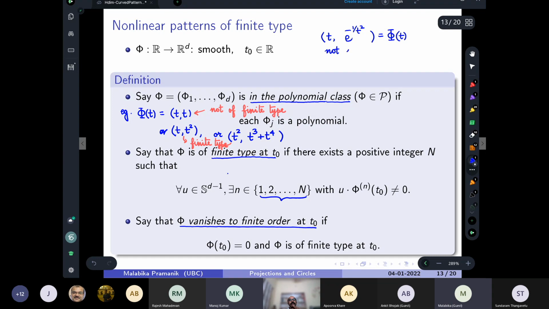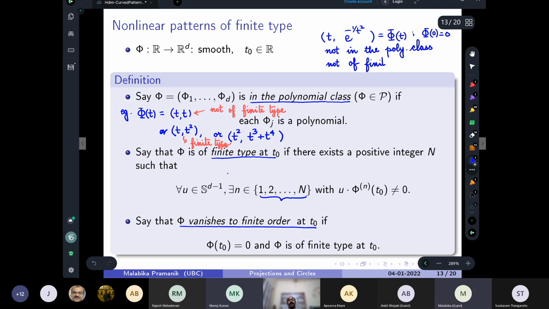So it's not in the polynomial class. Sorry, and you're defining it to be 0 at 0, you mean? And it vanishes at t not equal to 0. So phi of 0 is 0. Right. Okay.